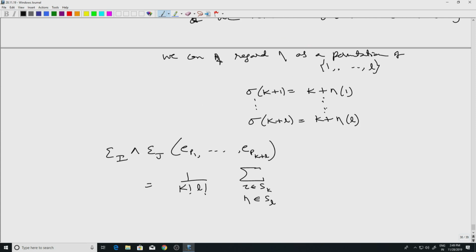So tau in Sk, eta in Sl, and then I use the multiplicative nature of sign, then epsilon i, E tau 1, E tau k, and then times epsilon j. Then I'll use this as well.